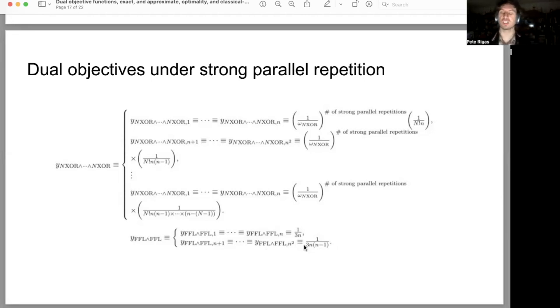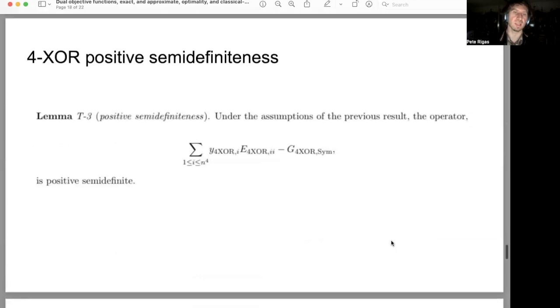This actually implies that the first n components of the dual objective for strong parallel repetition of the FFL game are equal to 1 over 3 to the n, as well as the remaining components, namely from n plus 1 to n squared, being equal to 1 over 3n times n minus 1. So it's demonstrating how that very similar theme in terms of the dual formulation of the semi-definite program, in the explicit formula from the piecewise function definition of the dual objective for the semi-definite program, can be defined and written down explicitly.